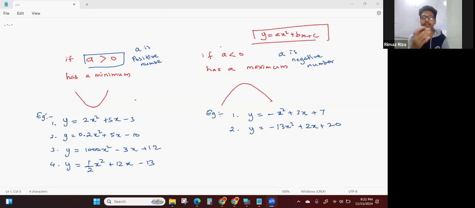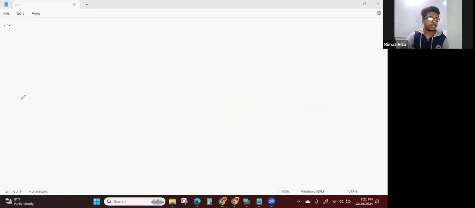Whenever I write something and you find that this note is important to you, take a screenshot and continue writing. If I clear the screen before you finish writing, your screenshot will still be there. So always take a screenshot and start writing. Okay, good. I hope you understood about the maximum graph and the minimum graph.